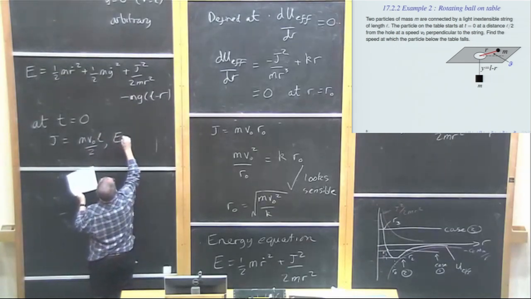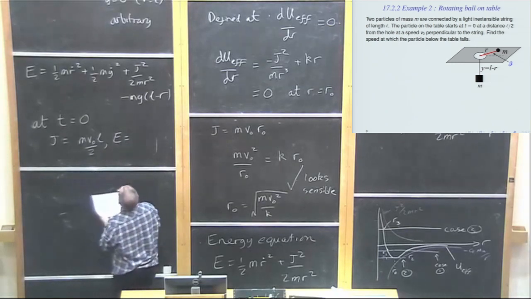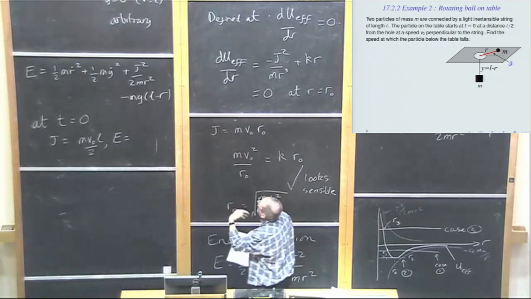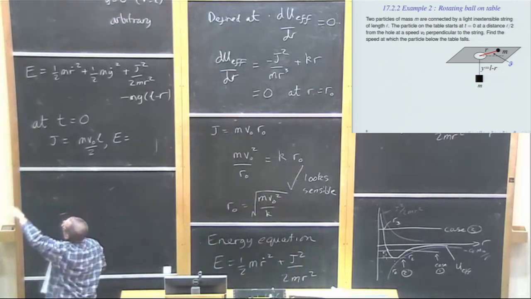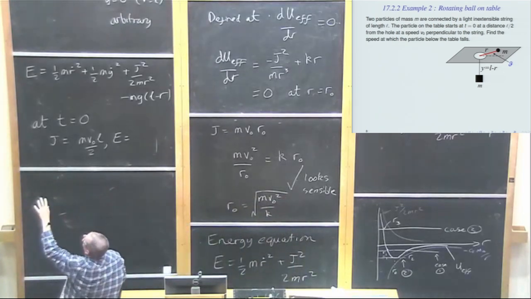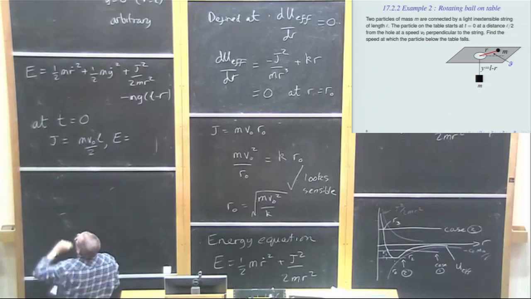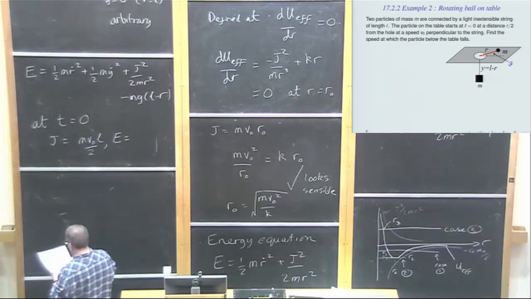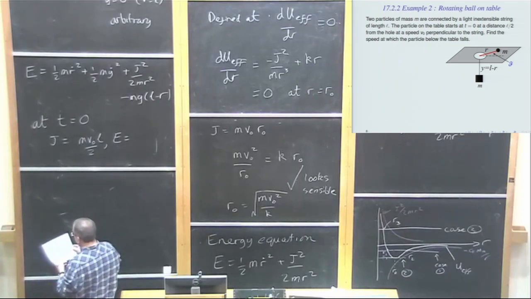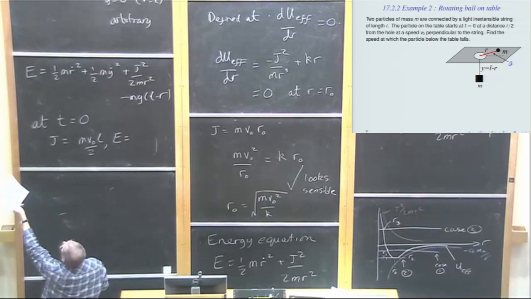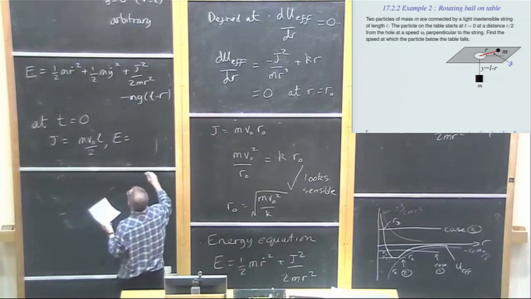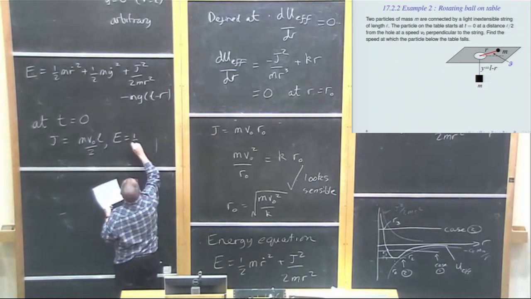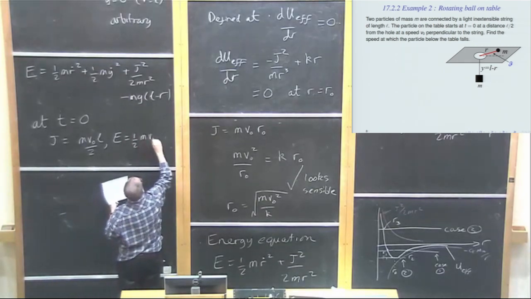And therefore, we can write what the energy was at that moment. At that moment, the mass is not falling below the table. The only kinetic energy is associated with the circular motion of the mass on the table. So it's just a half m v naught squared.